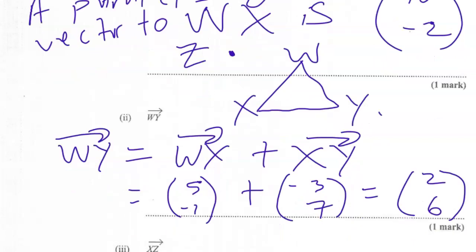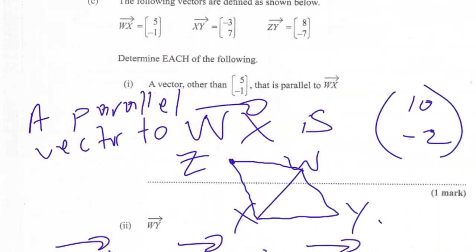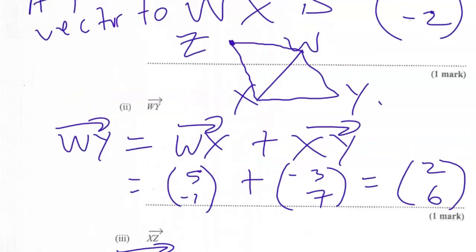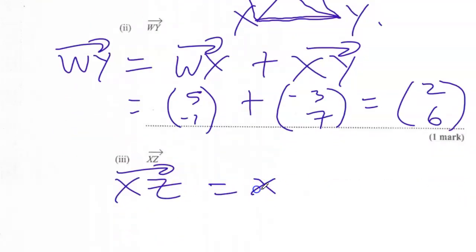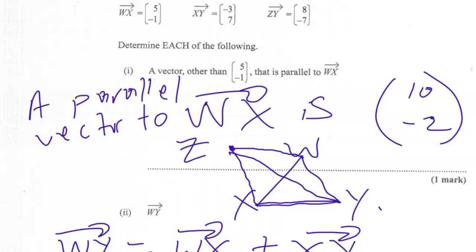You need to get from X to Z without walking directly from X to Z. You can go X to Y, and then Y to Z. Now X to Y is negative 3, 7, there it is.